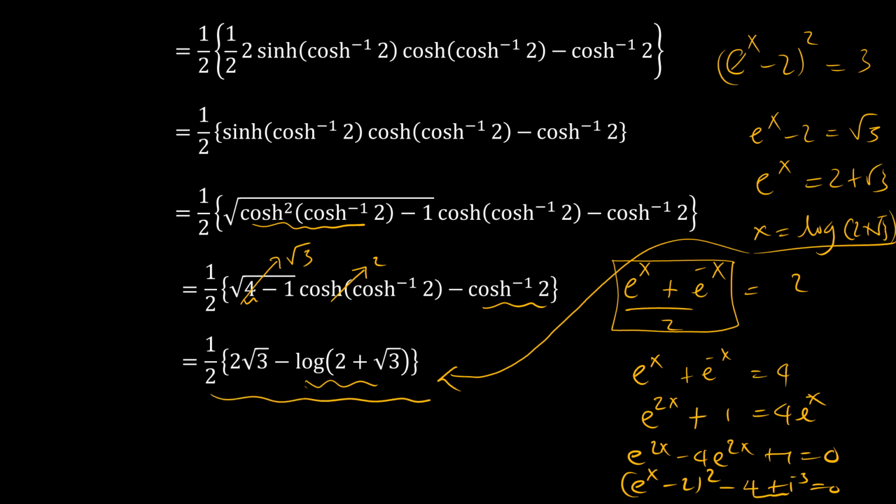And so this is our answer, but we could simplify it further by saying this is root 3 minus a half of the natural logarithm of 2 plus root 3. So our final answer: the integral of the square root of x squared minus 1 from 1 to 2 is root 3 minus half of the natural logarithm of 2 plus root 3. And that is the answer.